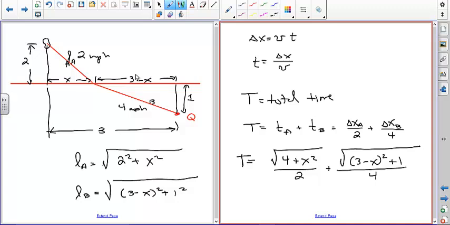Now it's kind of like the other ones that we've used, the distance formulas. You could use the chain rule to take the derivatives, or you could see if there's any way to rewrite this in a simpler form. In this case, I don't think there is that much of a simpler form.